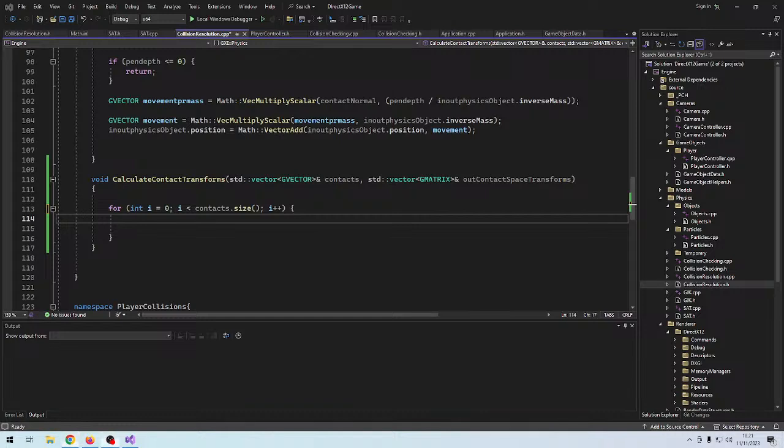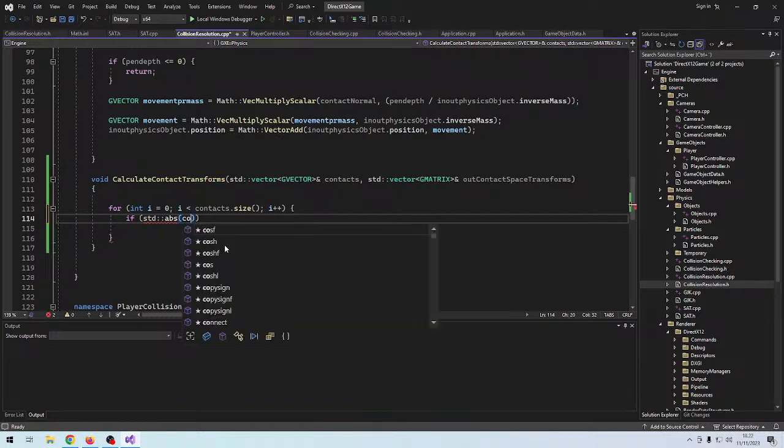So yeah, that will be what we do, the absolute value of something, we will check whether one of the axes of this contact's.